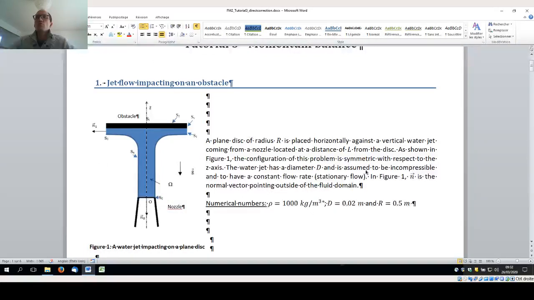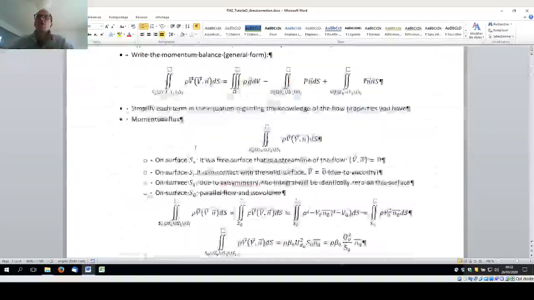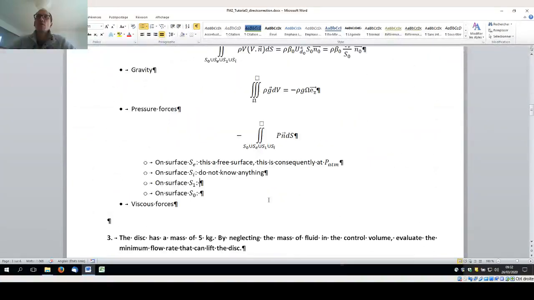We'll do a very classical approximation, which is to say that on those surfaces, the inlet and outlet surfaces, we assume that we have parallel flows.